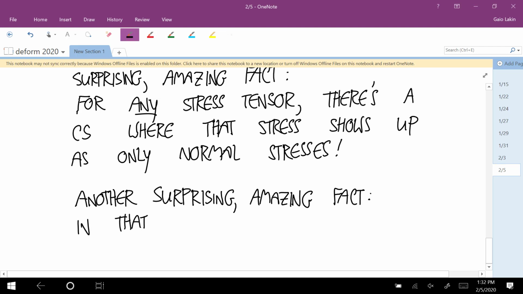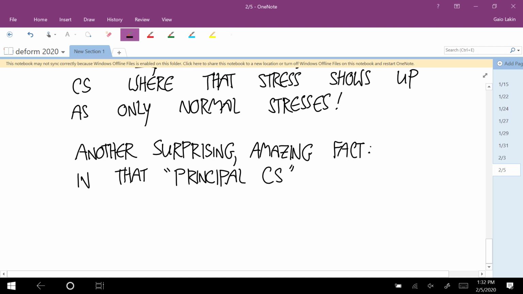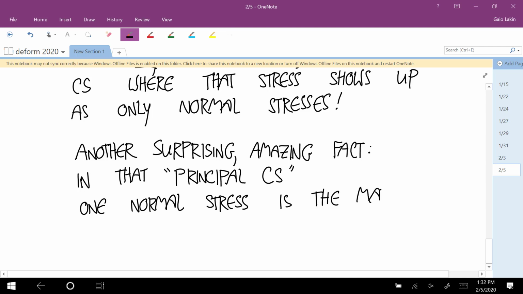In that principal coordinate system, one normal stress is the maximum you can find anywhere, the maximum you can find with any coordinate system.